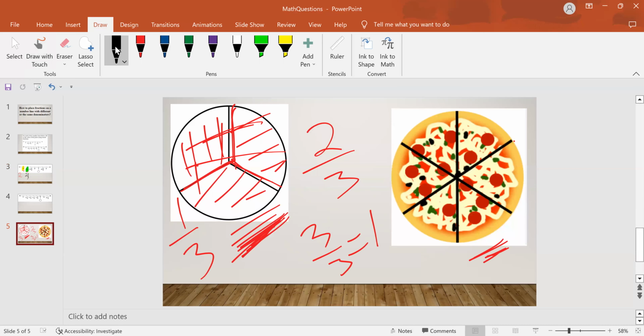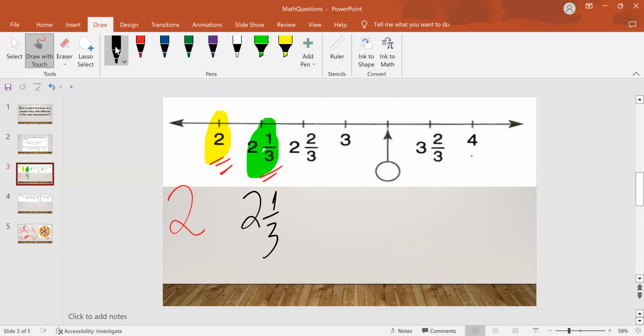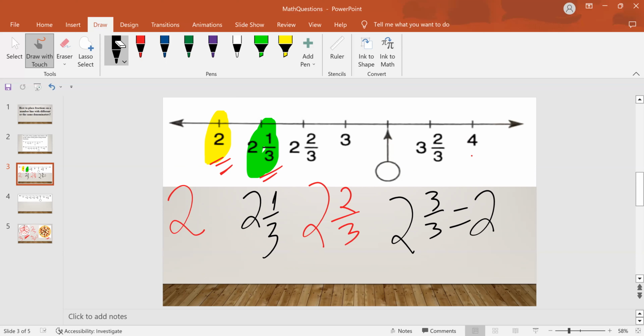Remember, if we take 2 parts from the 3, we say 2 out of 3, so the next number will be 2 and 2/3. The next number will be 2 and 3 out of 3, which is the same as 2 plus 1, which is 3.